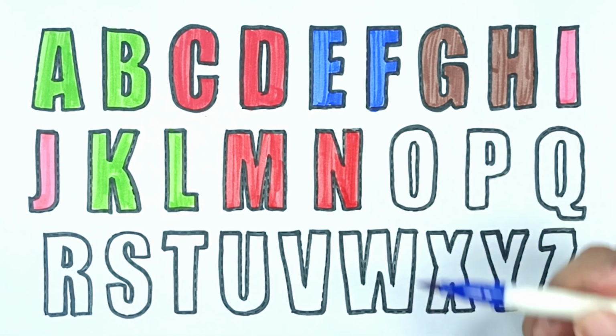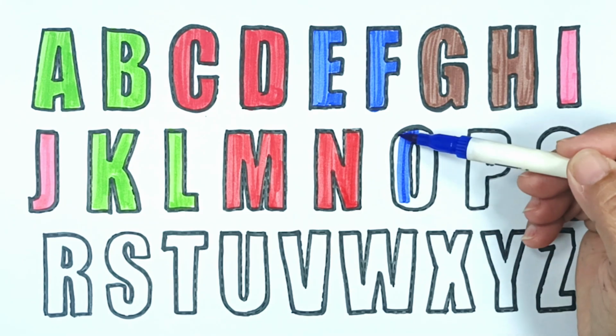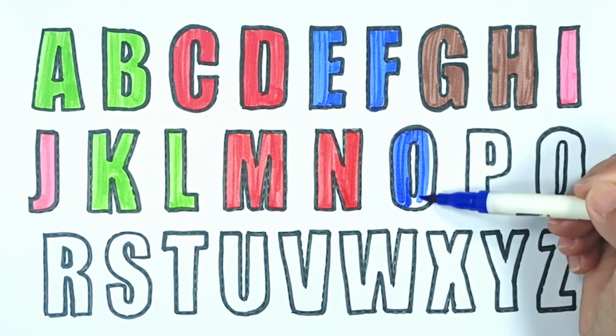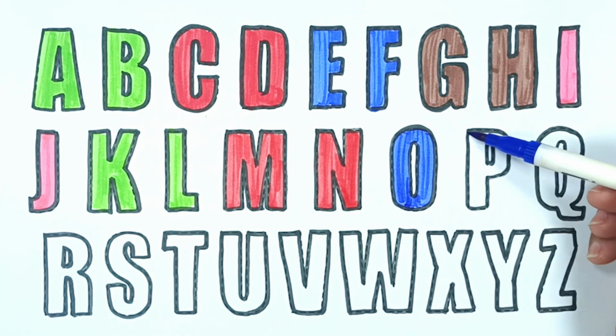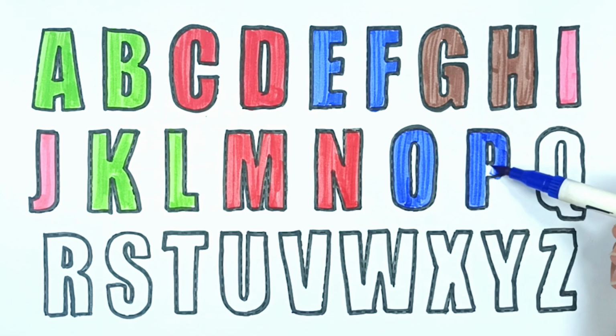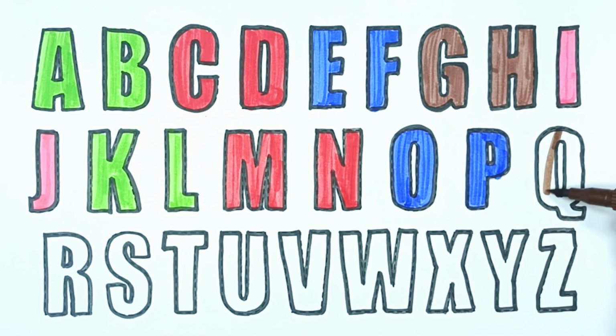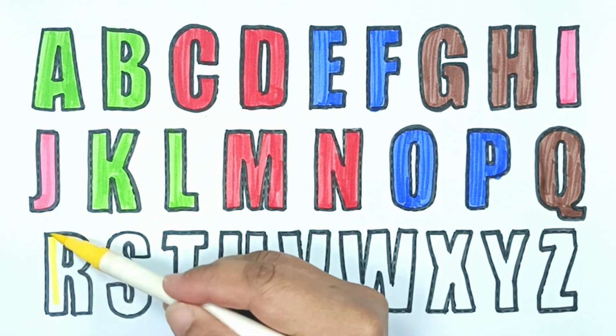N for net. O for onion. P for pen. Q for queen.